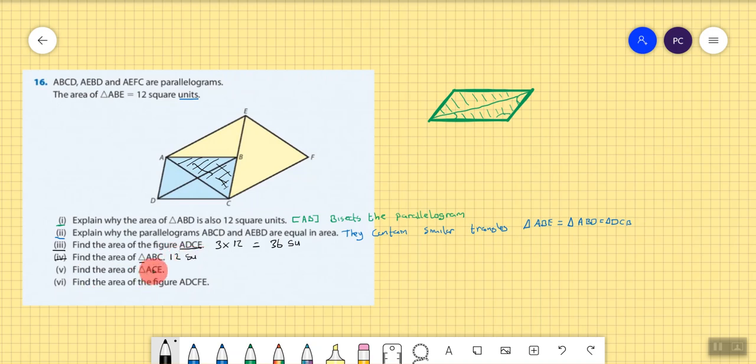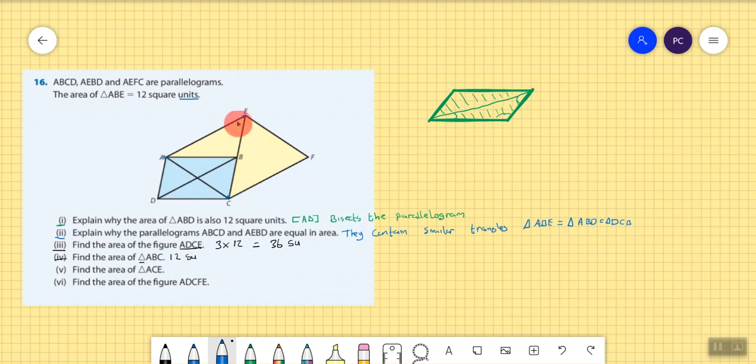Find the area of the triangle ACE. Okay, so let's think about that one. Let's just rub all this out. So where's the triangle ACE? A is that point, C and E. So what have we got within this triangle?